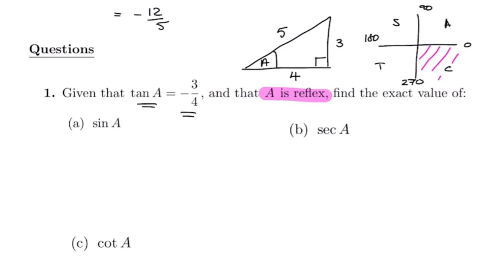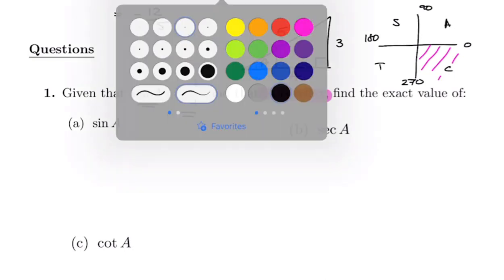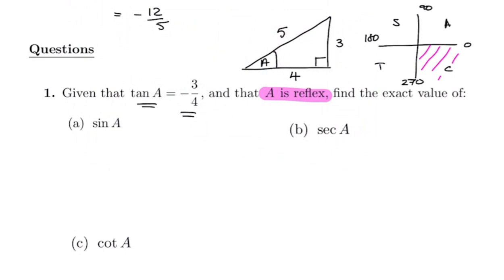And therefore, only cos will be positive. Okay, so let's work on sine first. Sine A will equal opposite over hypotenuse, that's 3/5, if A is acute.